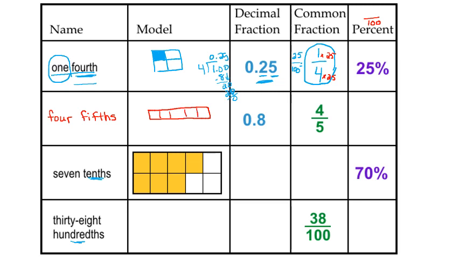Okay, I have 5 pieces, and I'm going to color in 4 of them. Okay, so I have 4/5. I've drawn 5 pieces, crossed off 4 of them, got my fraction.